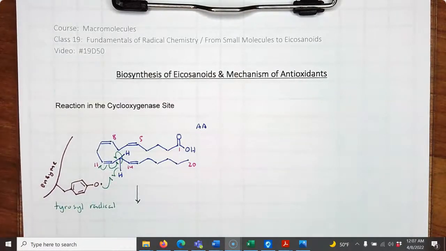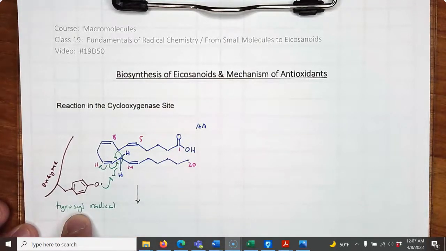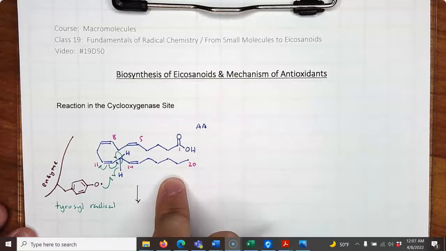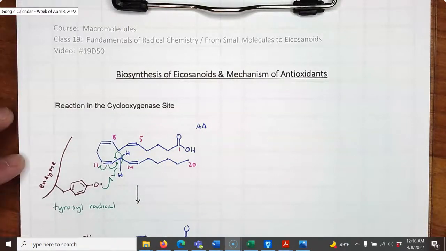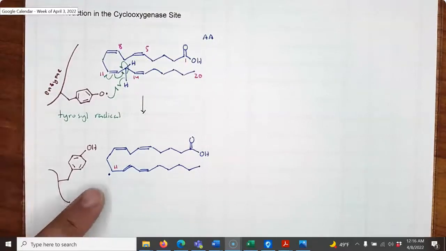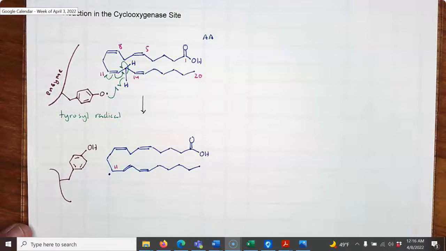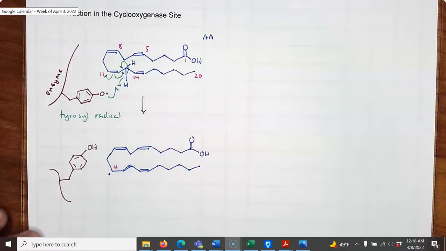Why don't you go ahead and draw the result of how the tyrosyl radical now looks, and also how the arachidonic acid looks after step 1. This is the result of the first step, where we have a radical at carbon 11. Next, we're using a form of oxygen called triplet oxygen, and it's indicated like this.